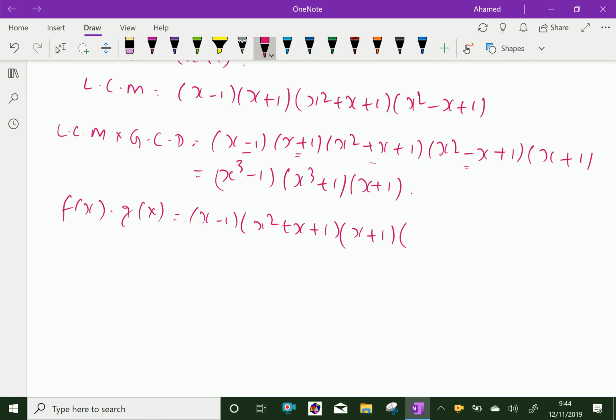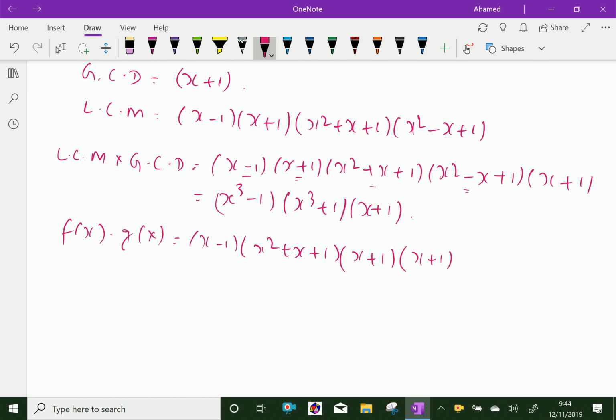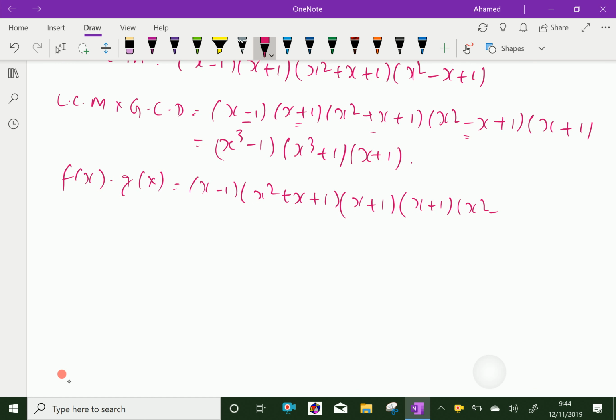Then g of x is x plus 1 into x square minus x plus 1. Here we get x minus 1 into x squared plus x plus 1 is x cube minus 1, and x plus 1 into x square minus x plus 1 is x cube plus 1, and one more extra factor is x plus 1.